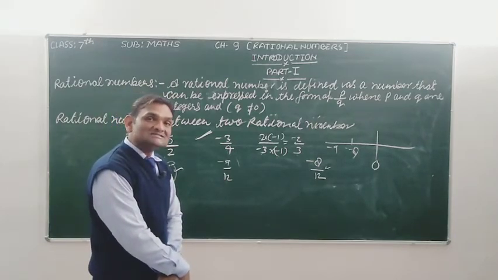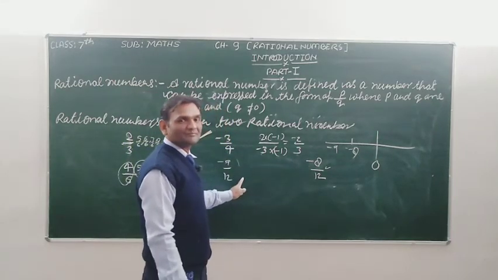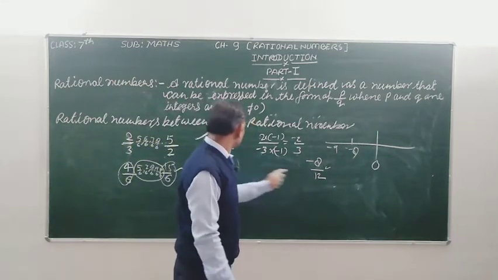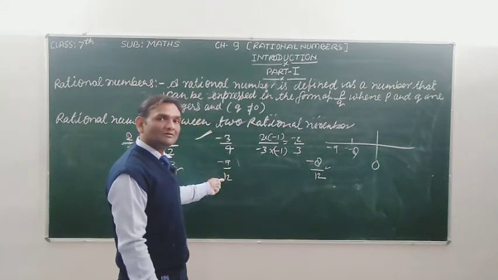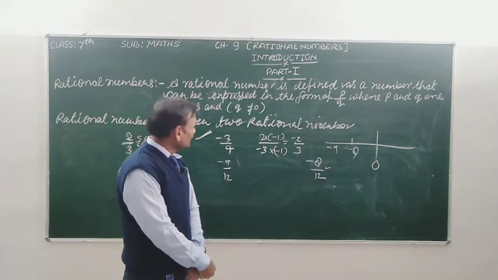There is not a single rational number between these two rational numbers, minus 8 upon 12 and minus 9 upon 12. Then how can we write?